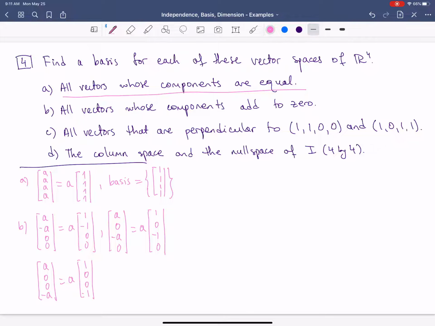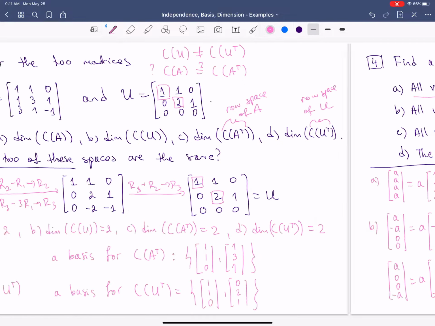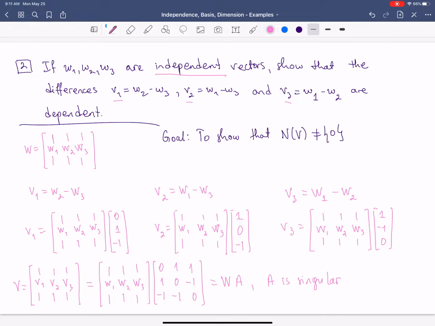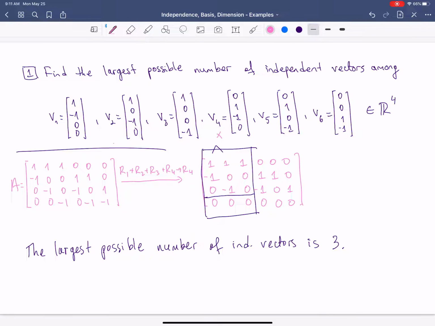Now you could say, what about other places? So what are these 3 vectors? 1, negative 1, 0, 0; 1, 0, negative 1, 0; 1, 0, 0, negative 1. Let's go back to the first problem. Those are exactly these 3 vectors, right? This, and this.